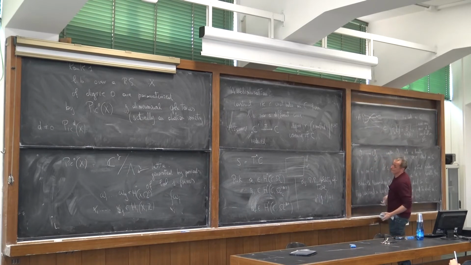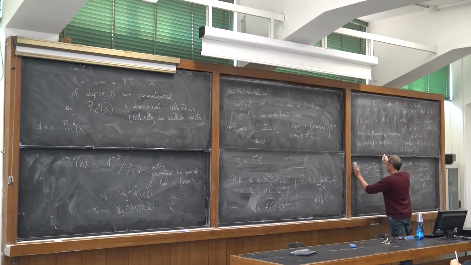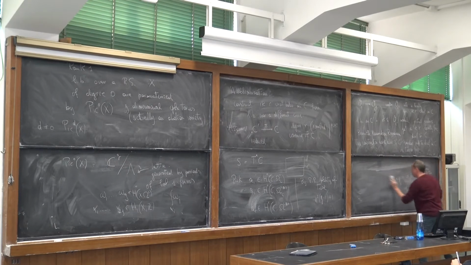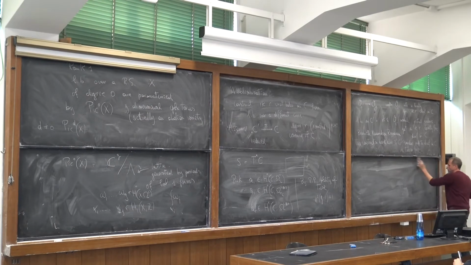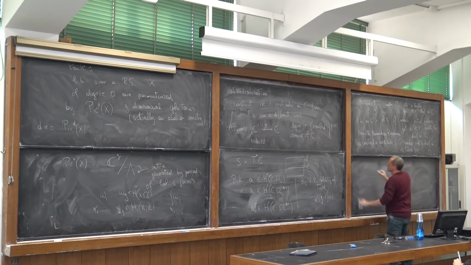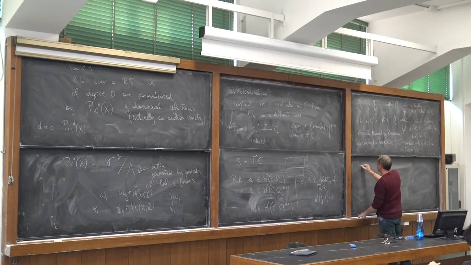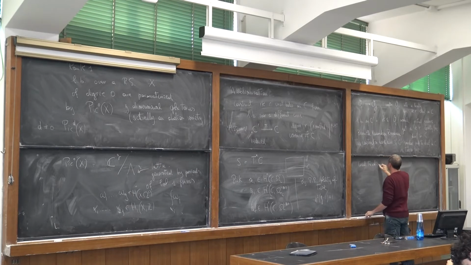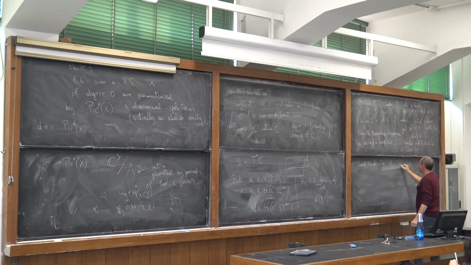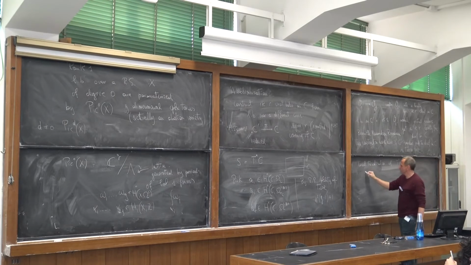Now pick a local trivialization of T star C. Say that x is the coordinate on C and y is the fiber coordinate.